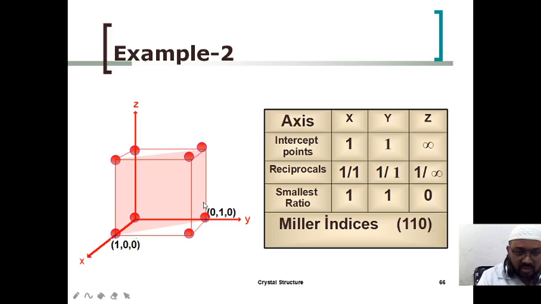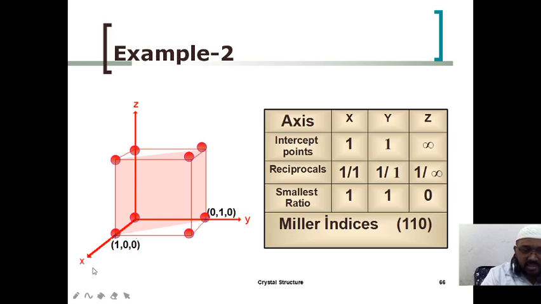You can see it is intersecting at this point in the y direction. I'm talking about this particular point. On the y-axis, this particular plane is intersecting here, at 1. On the x-axis, this particular plane is also intersecting at a point 1.